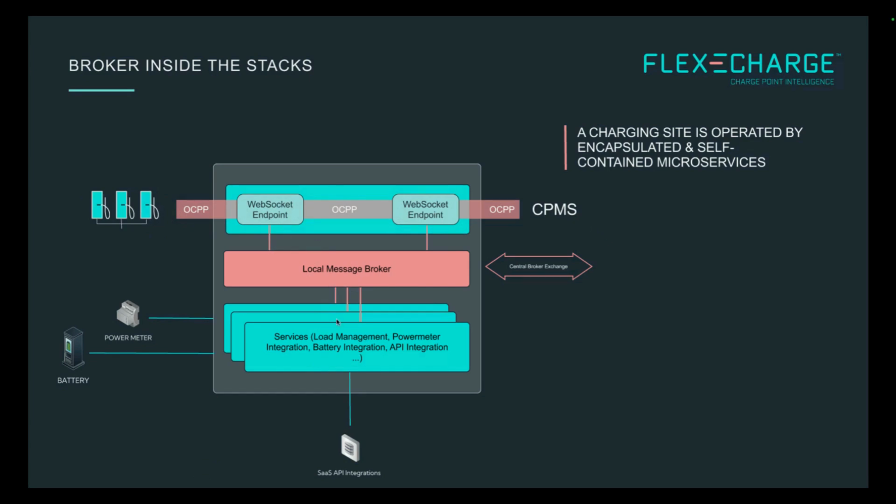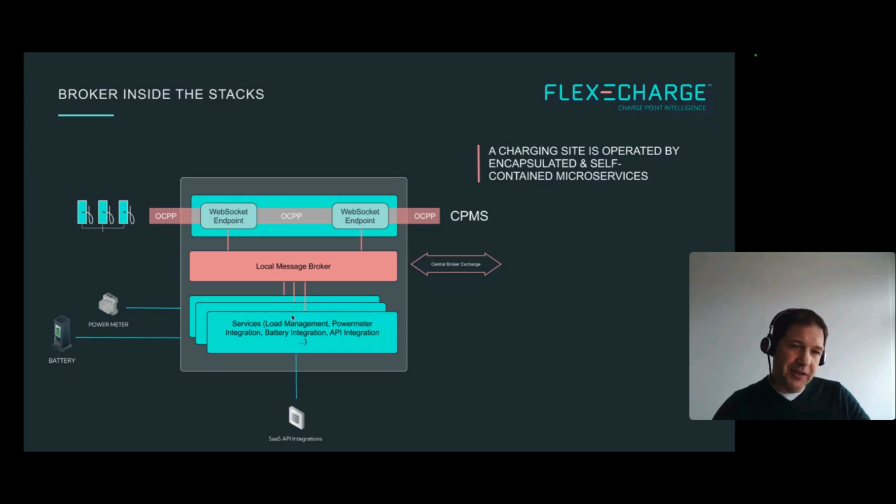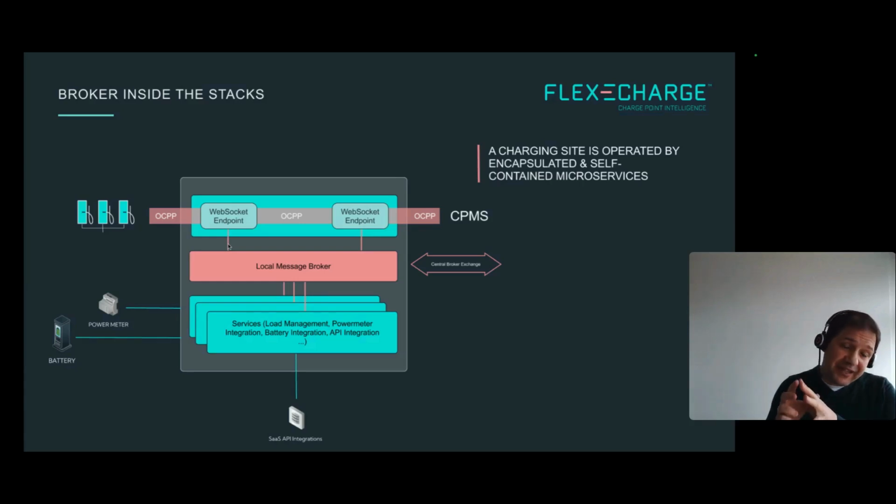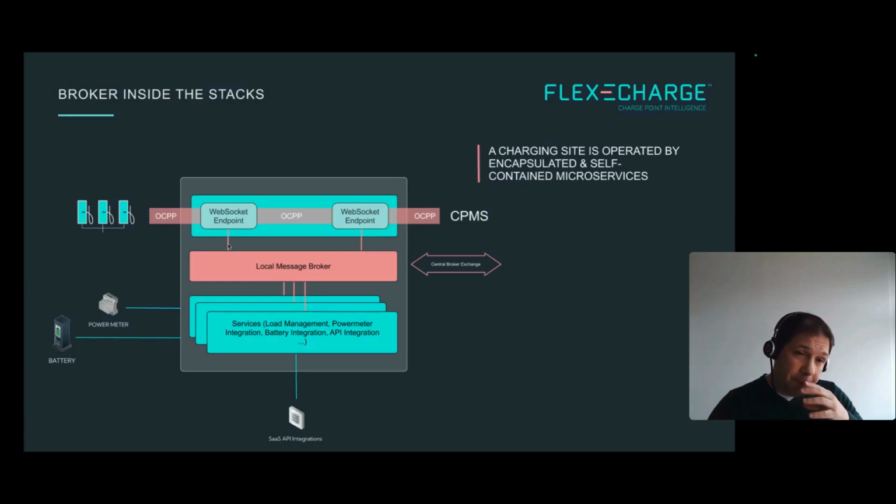So if that message comes in, published by the load manager, that the charge current should be changed for a particular charger, the WebSocket will generate an OCPP message and send it to the charger. It will wait for the accepted message. It gives the feedback, and then the load management is done. So that's the example of how the message extraction and the message injection into the OCPP stream is being done based on our load management system.